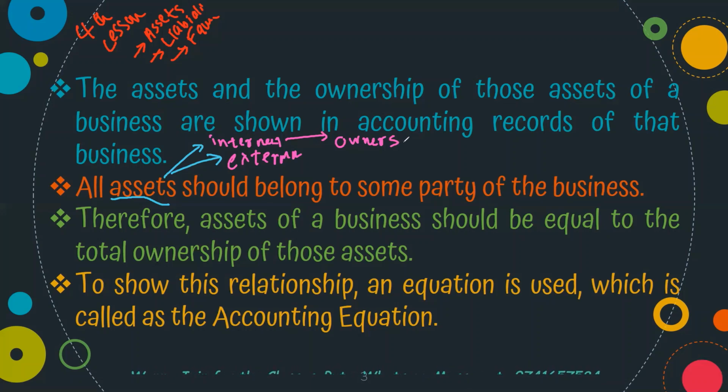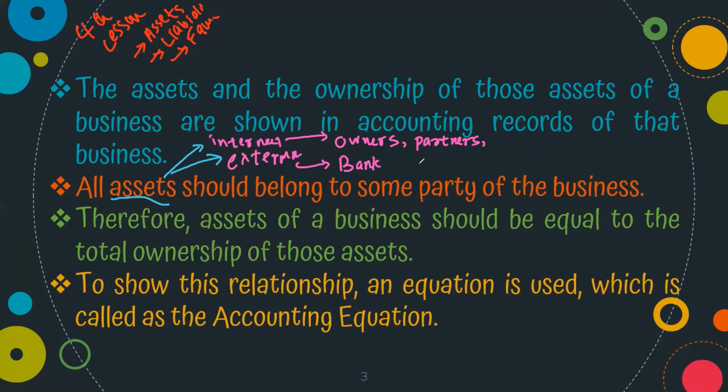Those are assets. In a partnership, we can take partners. Those are the internal parties. External parties means we can take banks. If banks give us a bank loan, those are also considered as resources.